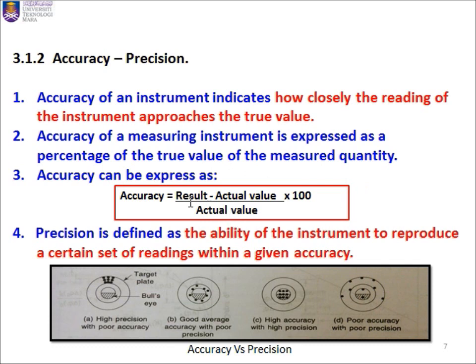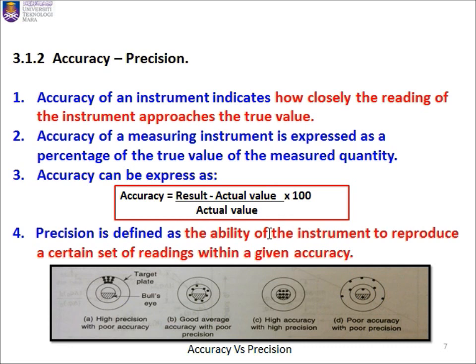So accuracy is equal to result minus actual value over actual value times 100. You will always use this, especially when you're doing your lab, your material lab, your strength lab. You will find this formula.